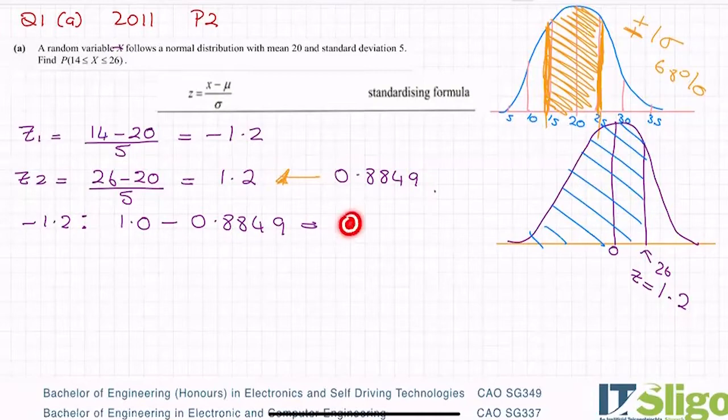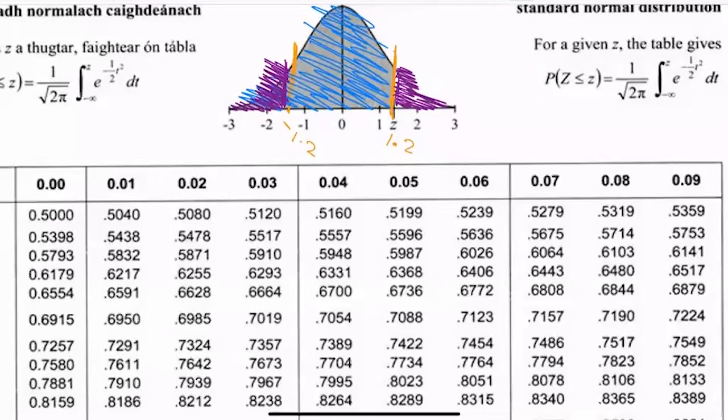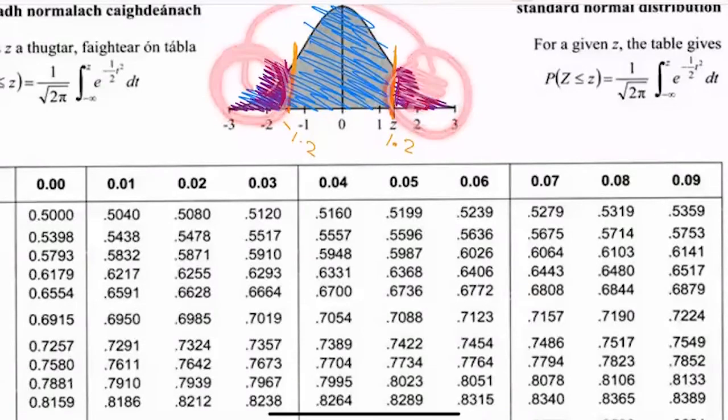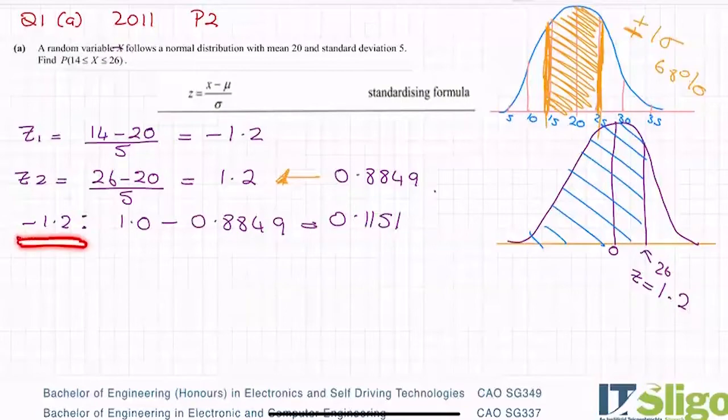And I'm getting 0.1151. So in other words, we have worked out that if this is 0.8849, then this piece here is the remainder, 0.1151. Through symmetry, that is the exact same as this piece. So that's why that is the equivalent of minus 1.2.